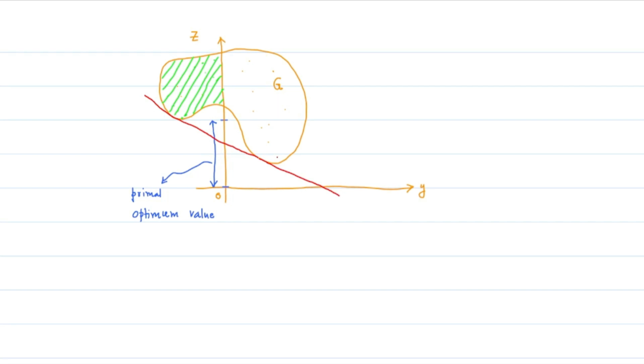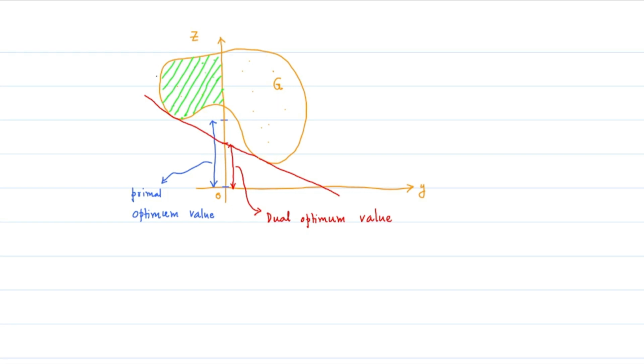And for this supporting hyperplane, for this supporting line to the set capital G, we see that the value of z-intercept of this supporting hyperplane is this much, which is your dual optimum value. So for this figure of capital G, we see that at the optimum situation, the primal optimum value and the dual optimum value are not identical.